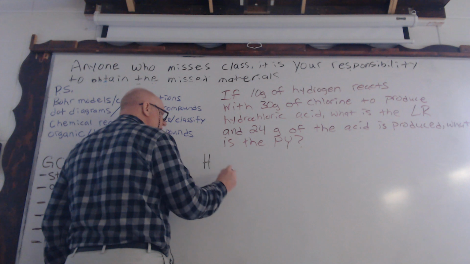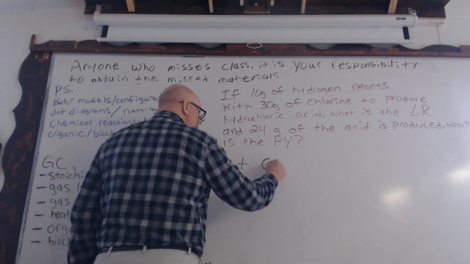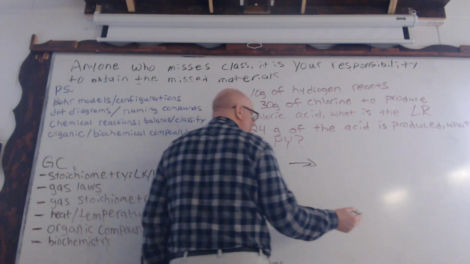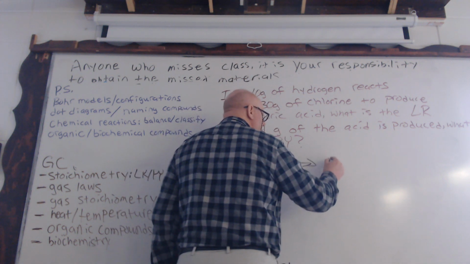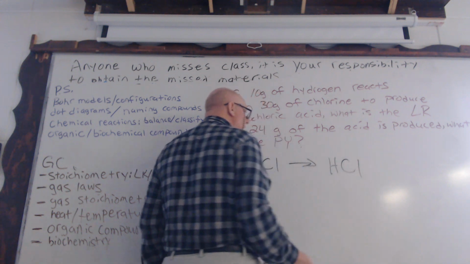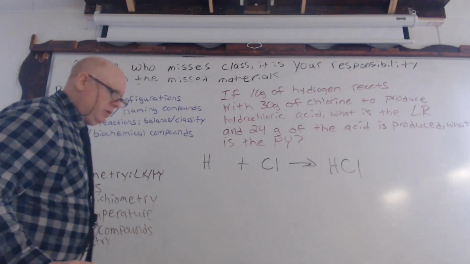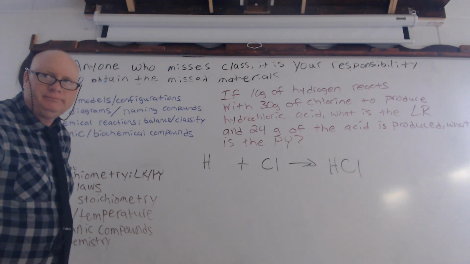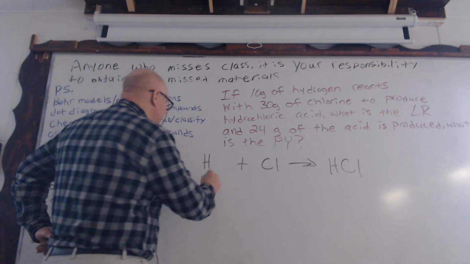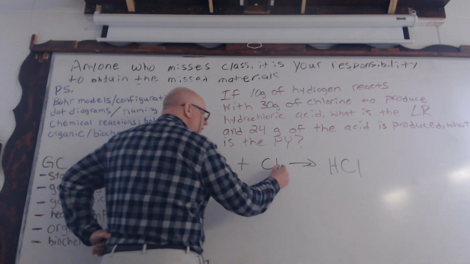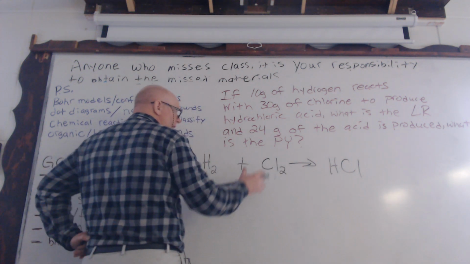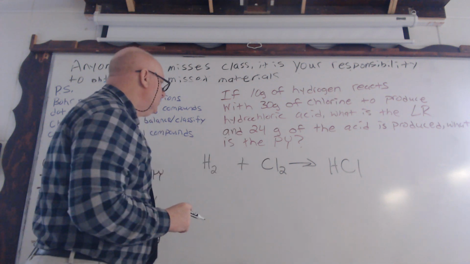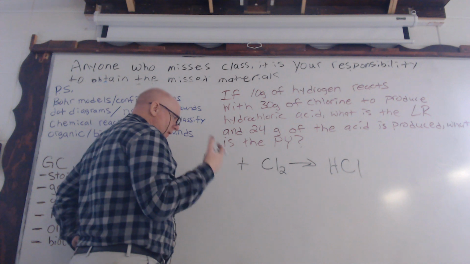There's our hydrogen. Here's our chlorine, and we're making hydrochloric acid, which would be HCl. This could potentially be mistake one. Hydrogen's diatomic, so is chlorine. So this might throw our results off because we have two diatomic molecules.